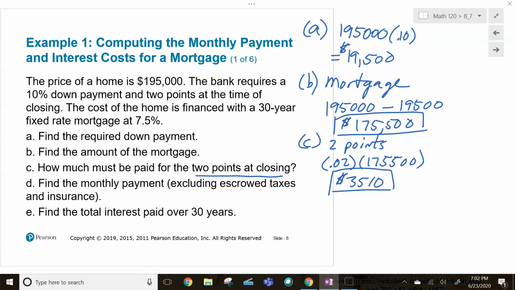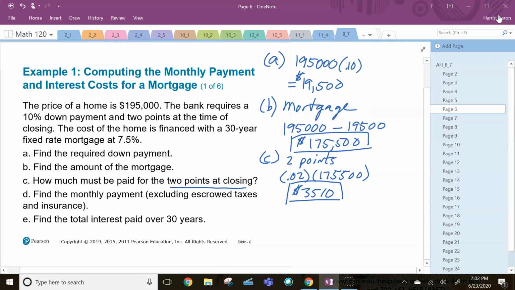Part D, what's your monthly payment? So let me erase this so I get a little bit of room here.